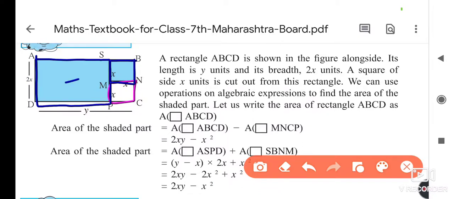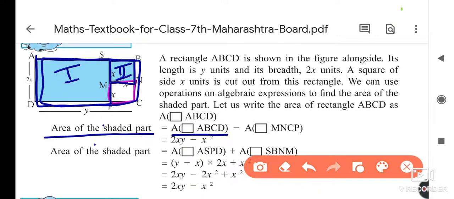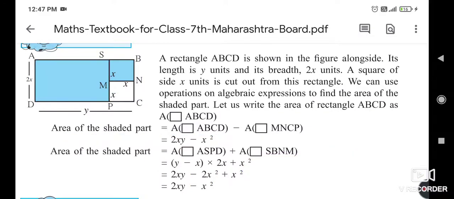If we add the area of this rectangle and this square, then we get the area of the shaded portion. We can add, and we can also subtract. From the whole ABCD's area, if we subtract the MNCP's area, then we get the area of the shaded portion.